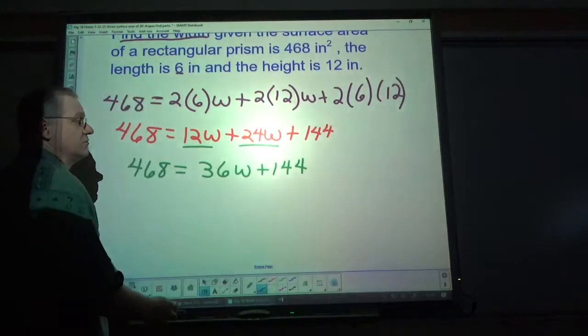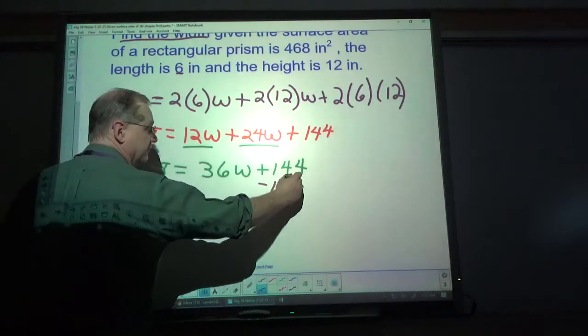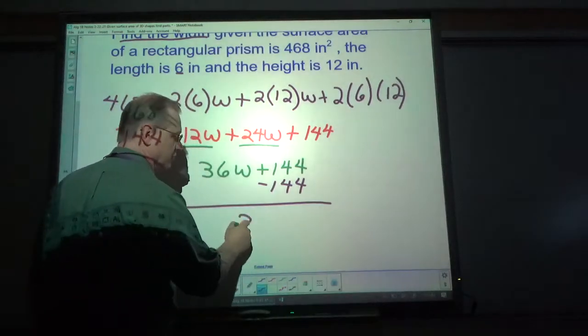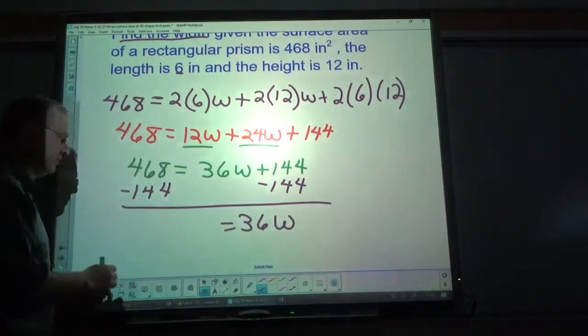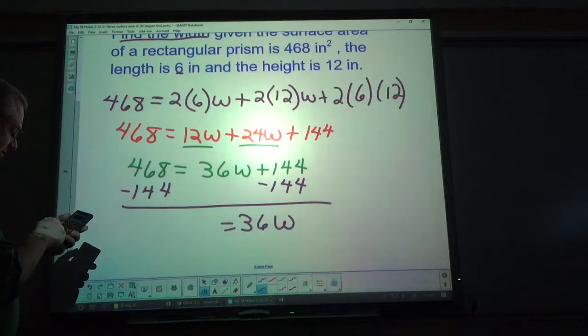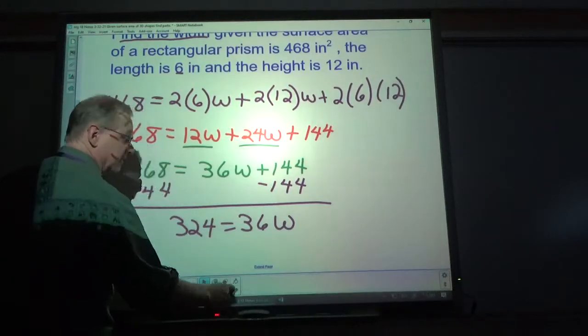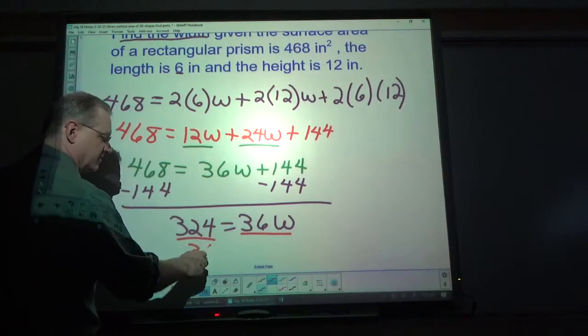Then I'm going to subtract 144 from both sides. 36W ends up equaling 468 minus 144, 324. And then I'm going to divide both sides by 36.